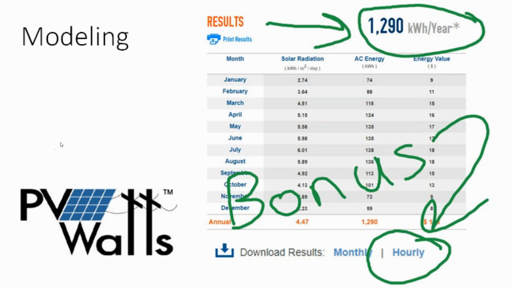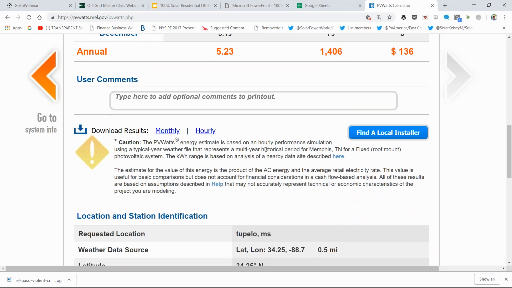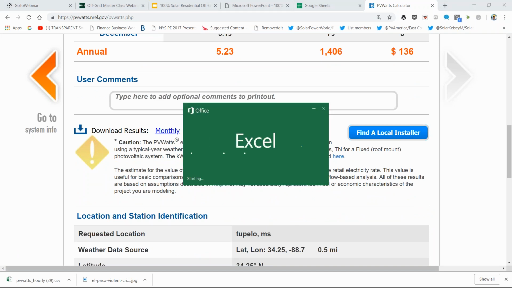What that's going to do is get you an hour by hour estimate of what your solar production is going to be based off local weather data.